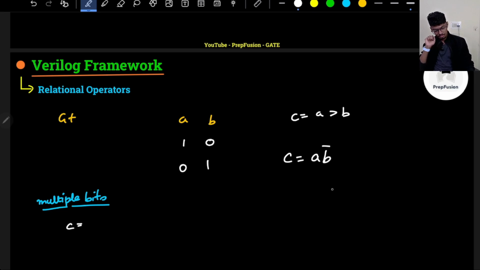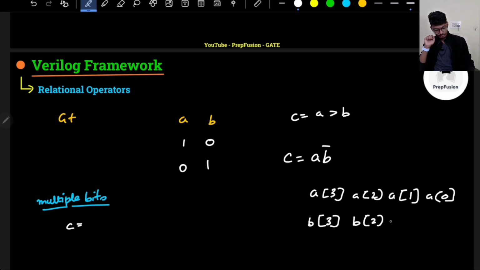My number is a of 3, a of 2, a of 1 and a of 0. So it is a 4-bit number. This will be b of 3, b of 2, b of 1 and b of 0.